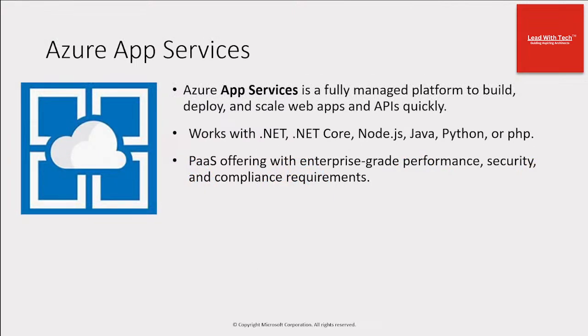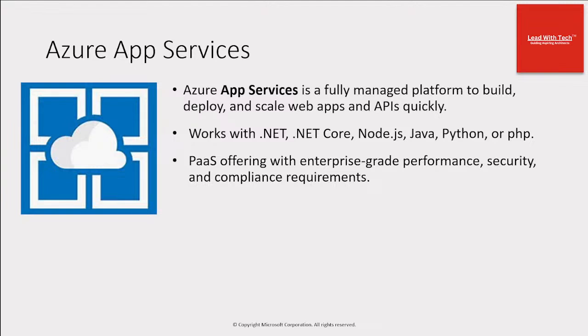App service is a basic compute service that is a completely platform as a service compute service, which will help you to build and deploy applications and APIs without having to worry about the underlying infrastructure.